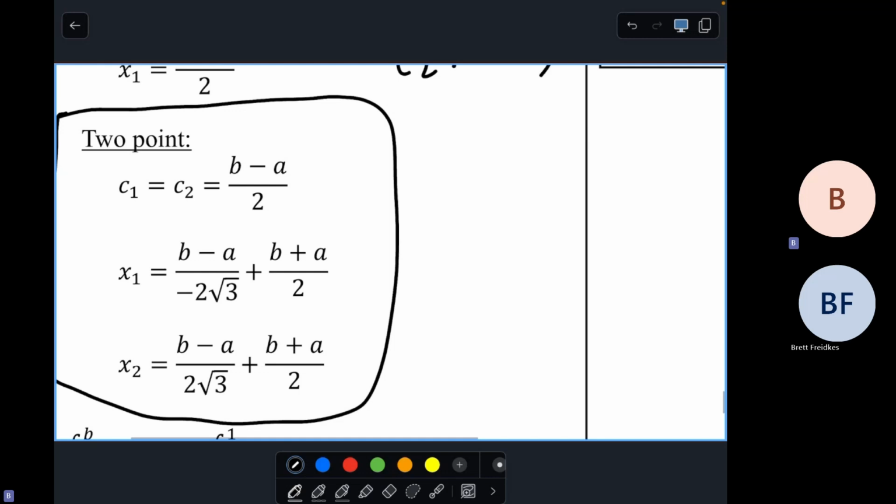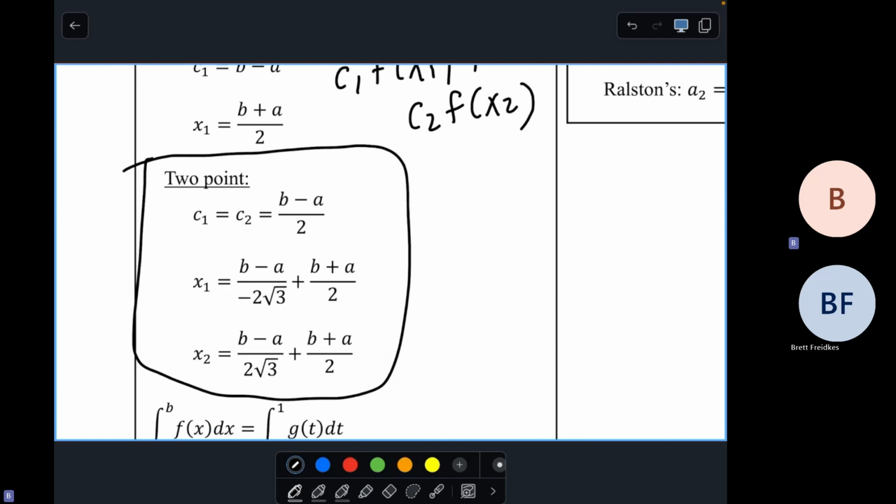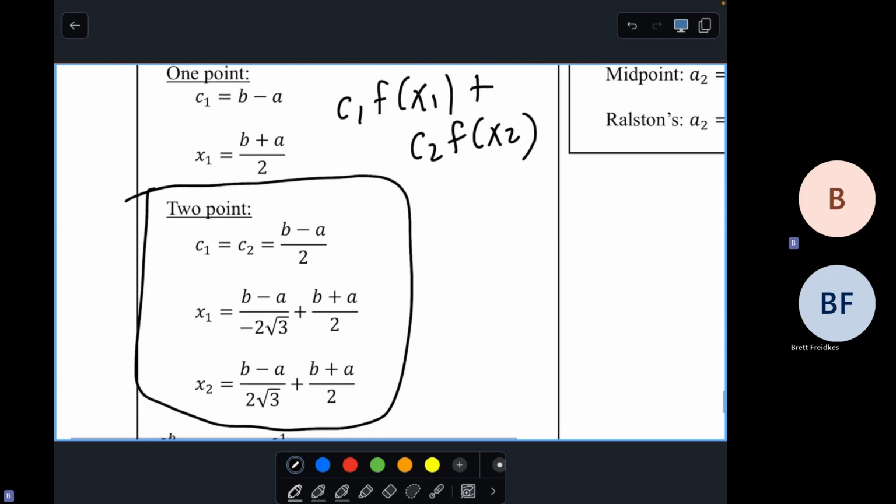Okay. And remember, the function was 2 ln x, so we're integrating from 2 to 8. I gave you these in the equation sheet. Again, you have to have the intuition to go and find them in the equation sheet.